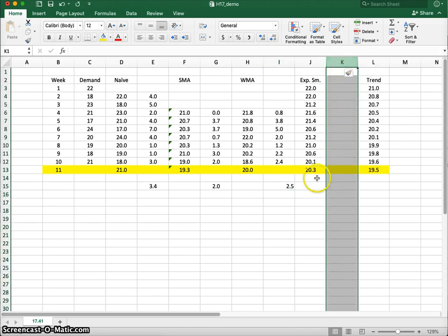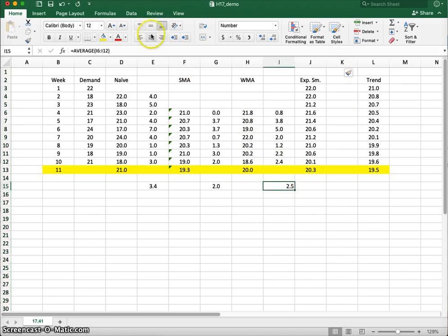Now we'll do exponential smoothing. Well, one thing I should tell you, with a weighted moving average, you could do the same thing with different weights and see which method gave you the best results, which would mean the lowest mean absolute deviation. Okay, now I'm going to do the same thing here.